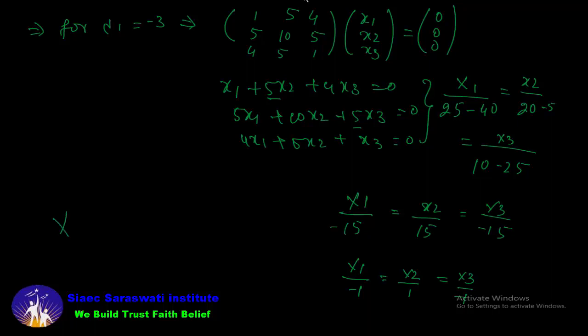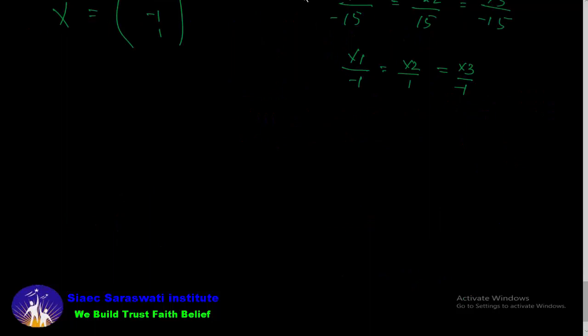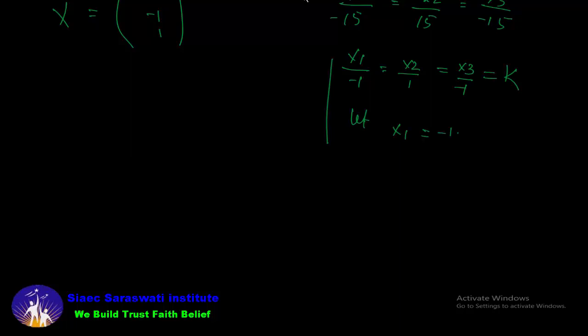So the values will be -1, 1 and -1. Let it equal to k. So x1 equal to minus k, x2 equal to k, and x3 equal to minus k.